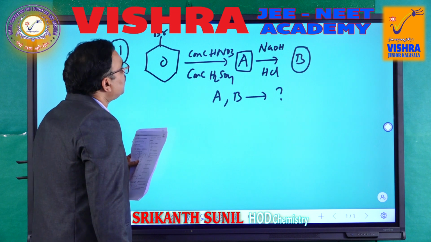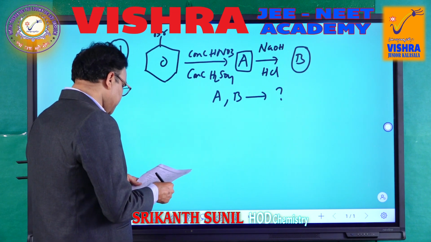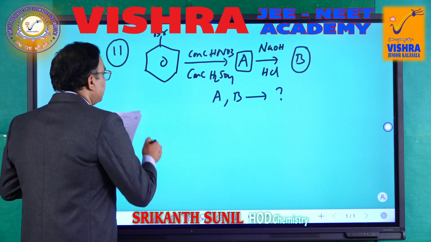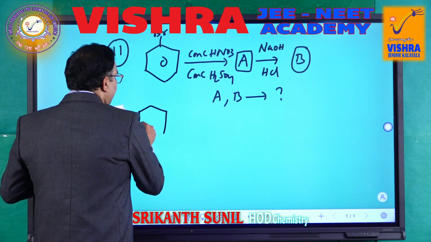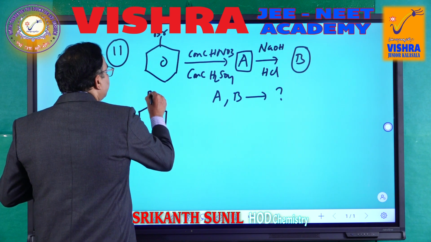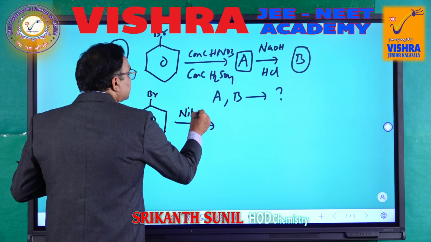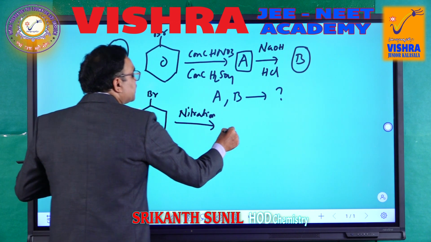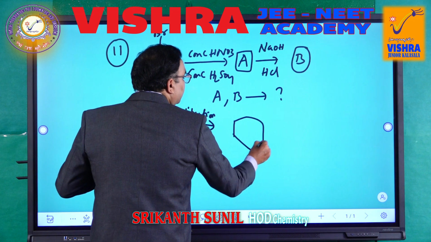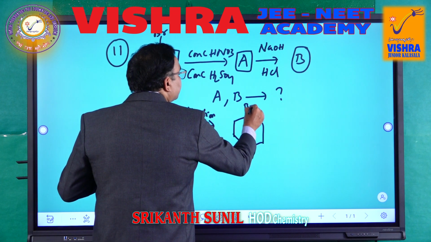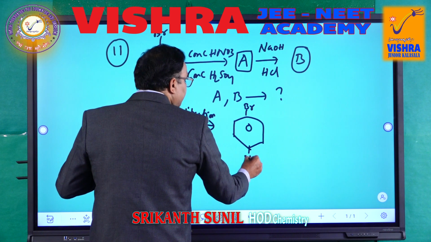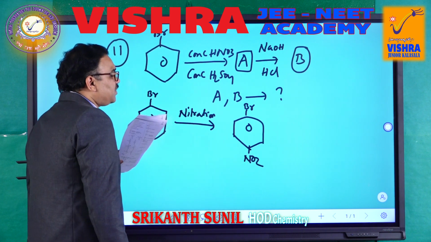So let us see how the compounds can be explained. This is the reaction when bromobenzene is added to the nitration mixture. This one is known as nitration. On nitration you will get bromobenzene with NO2 in the para position.